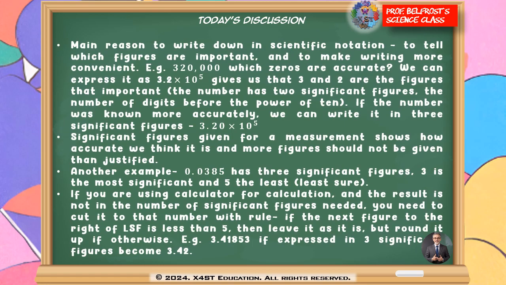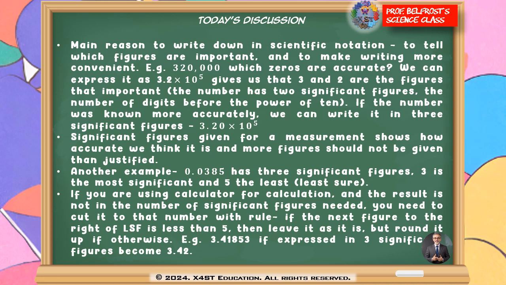So what's the main reason to write down in scientific notation? The main reason is to tell which figures are important and to make writing more convenient. For example, you can just write 320,000.